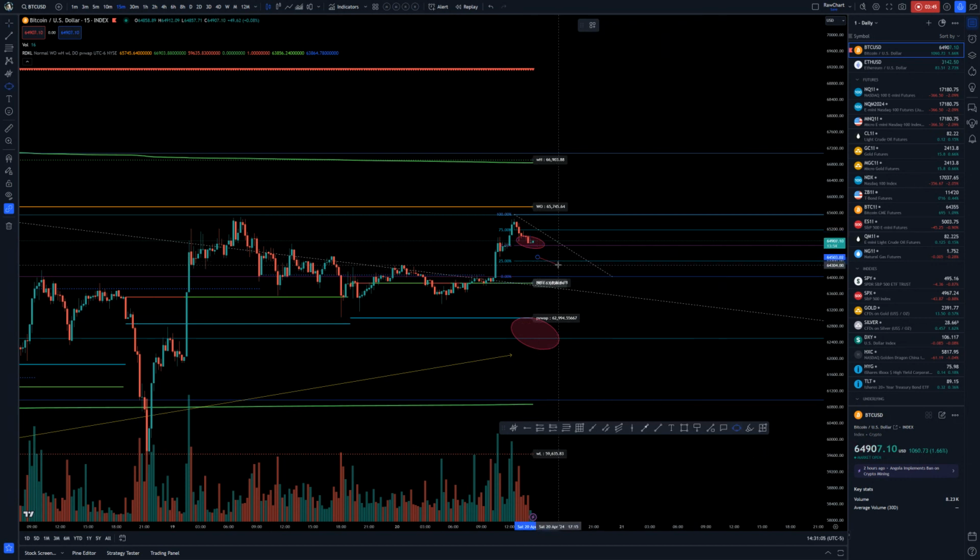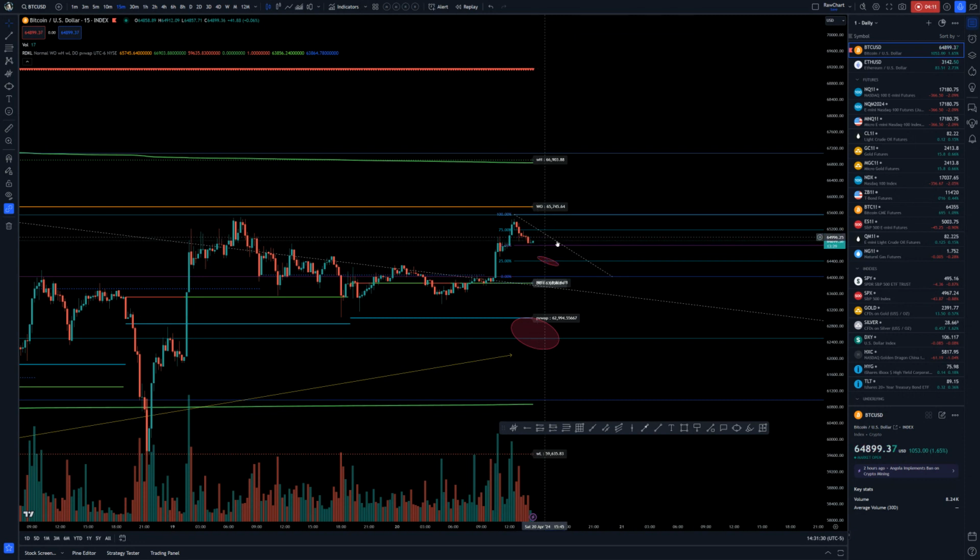Keep in mind, you have to correlate this with price action as well. This also correlates to this candle here, which is a pay attention candle, so this area correlates to a zone where we would expect a reaction as well.